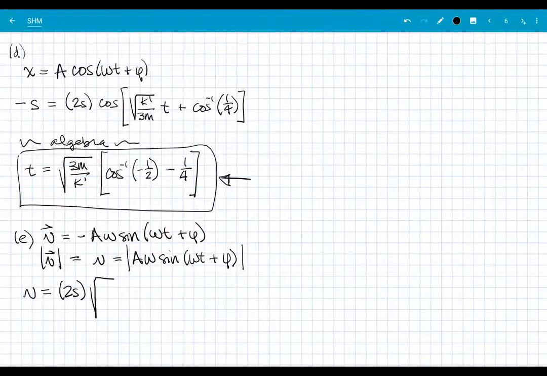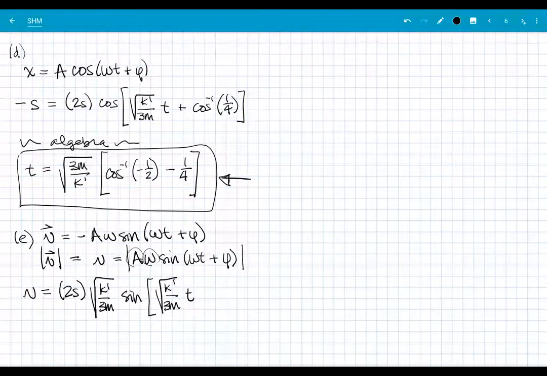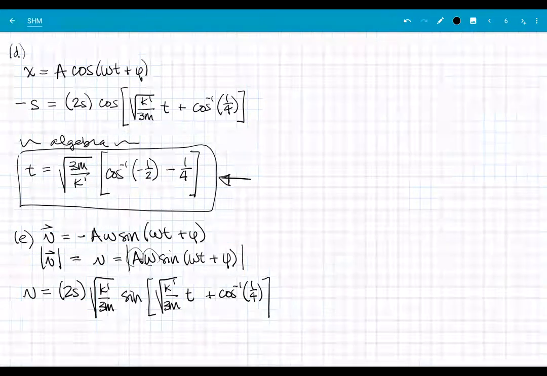Omega is equal to root k prime over 3m times sine. So I'm just sticking with this equation here. I've expressed the A, I've expressed the omega. Now I'm expressing the sine function. So this is going to be sine of omega t, so that's root k prime over 3m t plus the phase shift, which is arc cosine of 1/4.